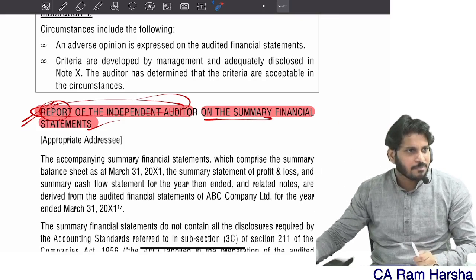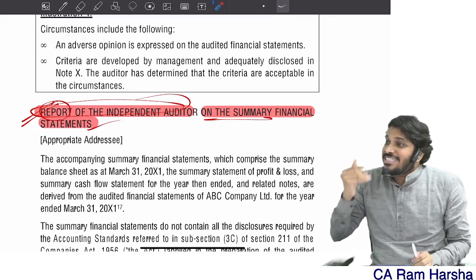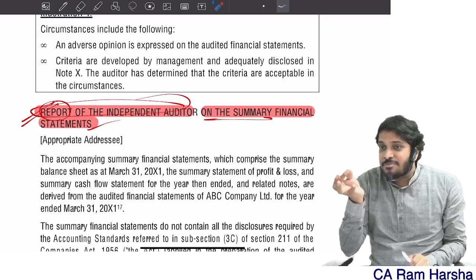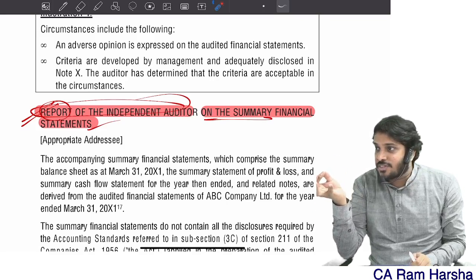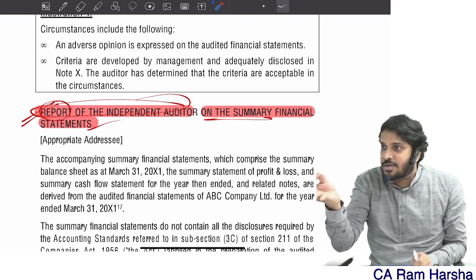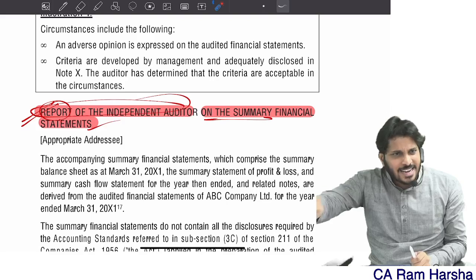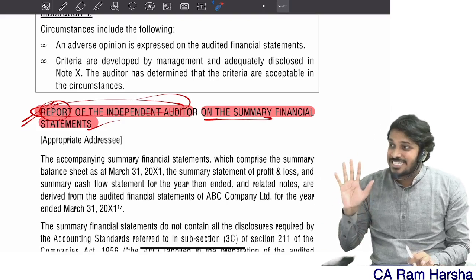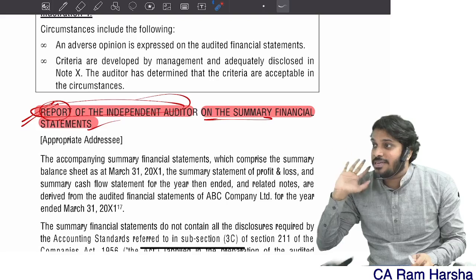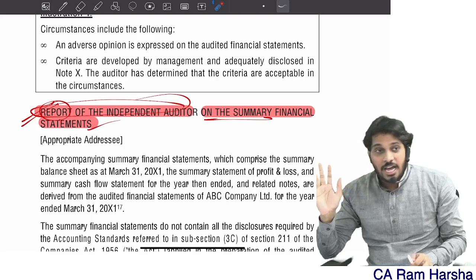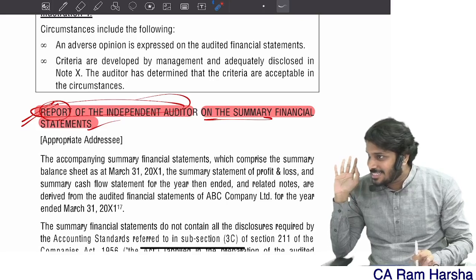The summary is a fair summary. Now, should I say the summary financial statements derived from the audited financial statements of ABC Company Limited are a fair summary? Can I say like this or not? Technically, you can say, no problem. But the standard is asking you not to give an opinion in this case.